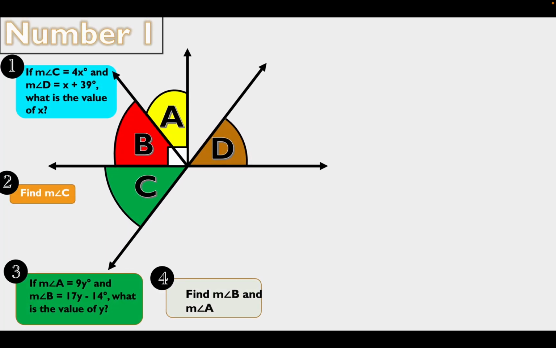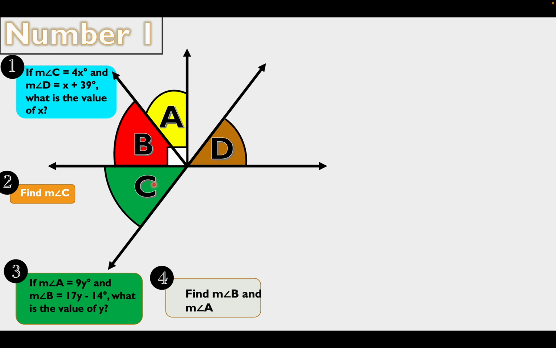Example 2. Here's a new diagram with our angles A, B, C, and here's angle D. The first problem asks: if the measure of angle C equals 4x and the measure of angle D equals x plus 39, what is the value of x? Let's take a look and see how angle C and angle D relate.